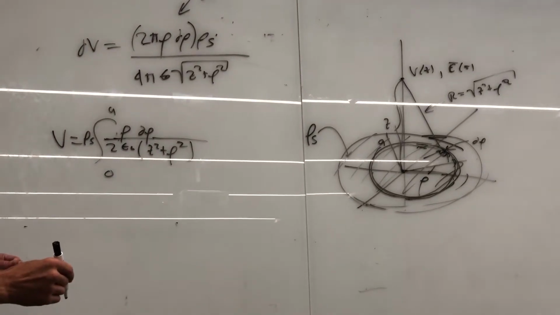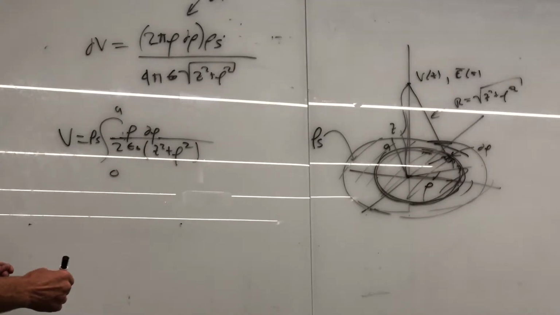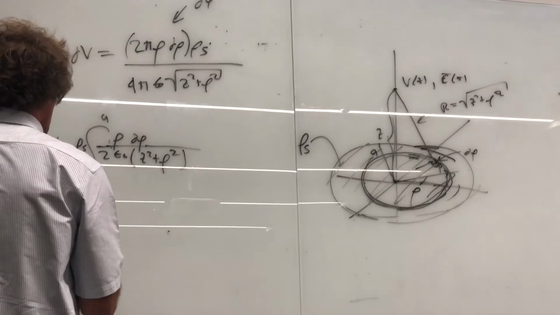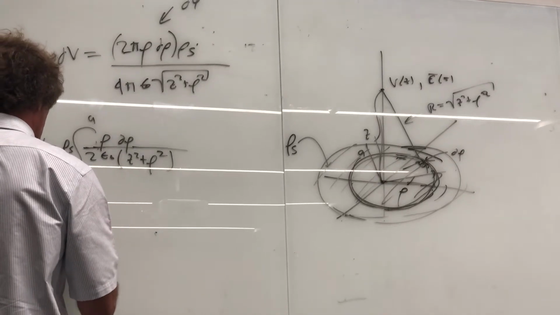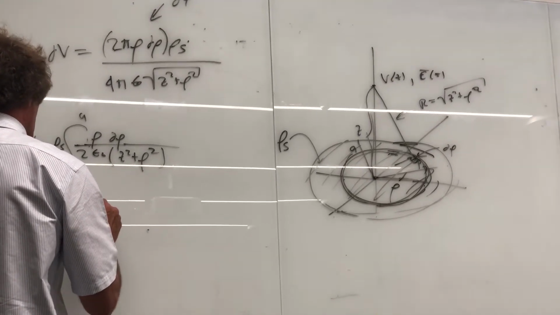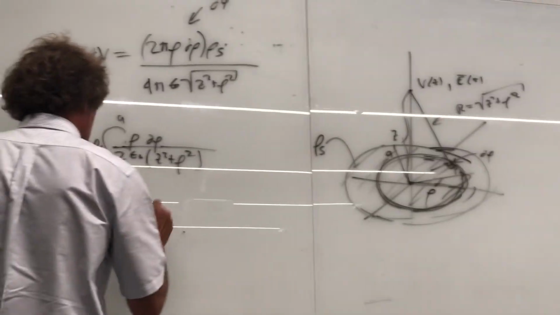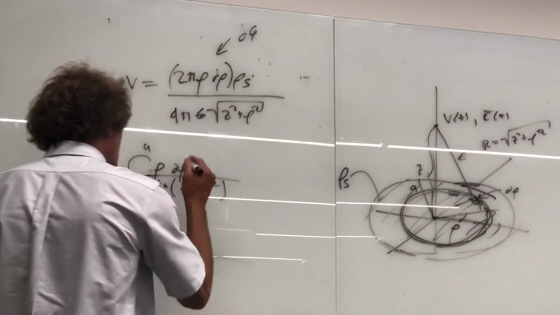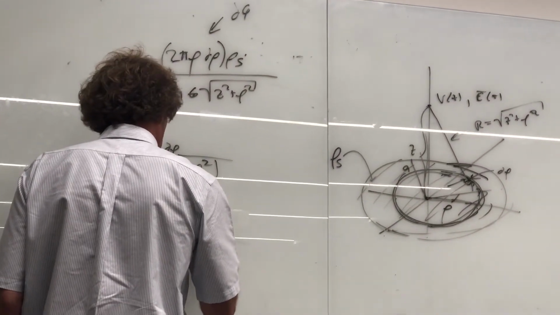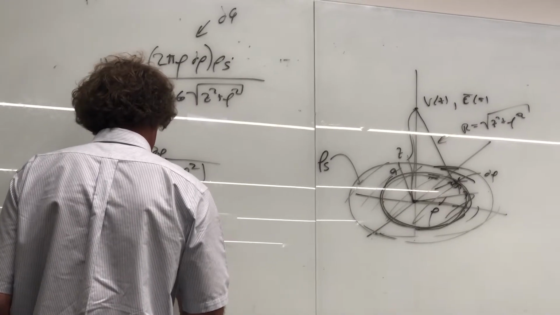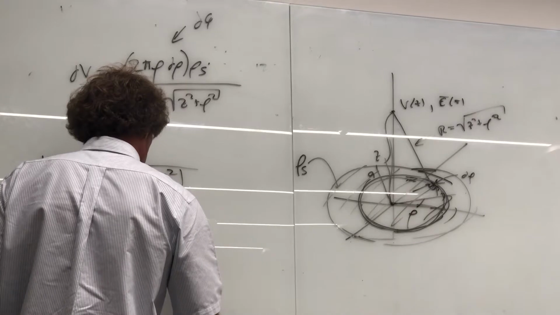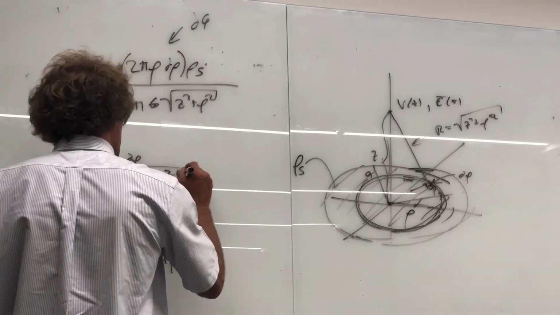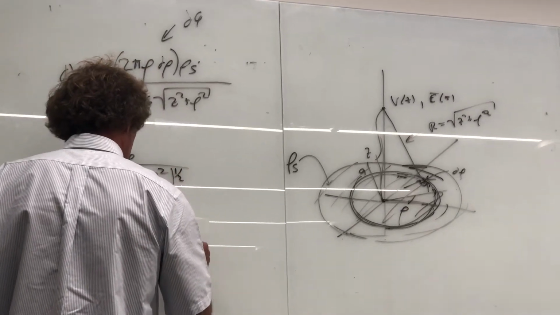You all agree with me? Now for this integration, this is really going to be V equals rho s over 2 epsilon naught times the integration from 0 to a of rho d rho over z squared plus rho squared to the 1/2 power. This should be the 1/2 power down here, on z squared plus rho squared.